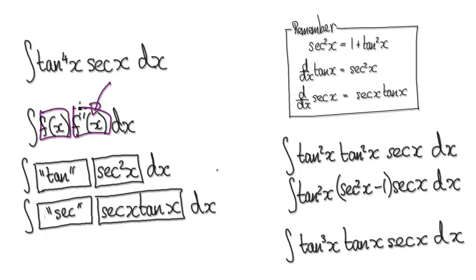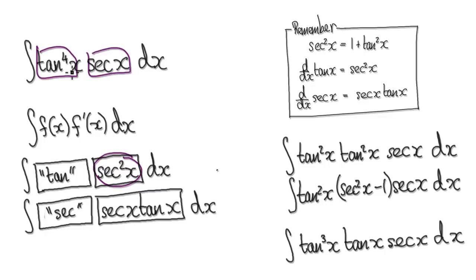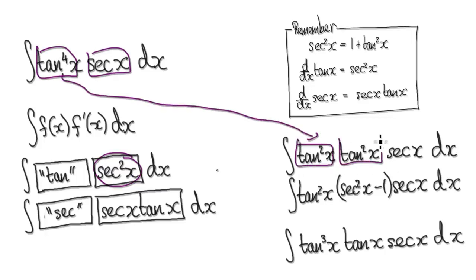derivative of another thing. So looking at this, you've got one block multiplying with this block. So let's try and strive for this. So let's try and create secant squared from tan to the power 4 and secant. So let's rewrite tan to the power 4 as this, one block multiplying another block, and you've got your secant here.